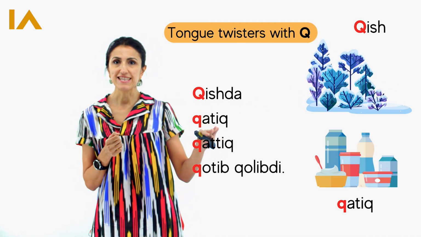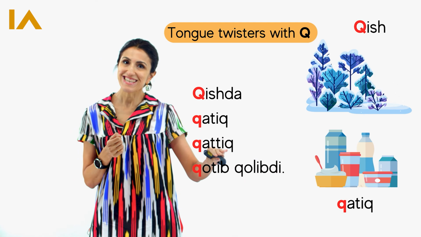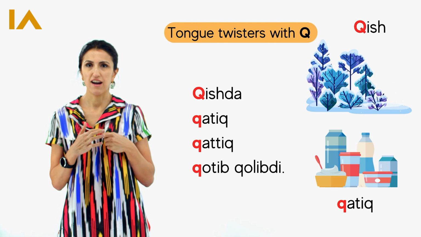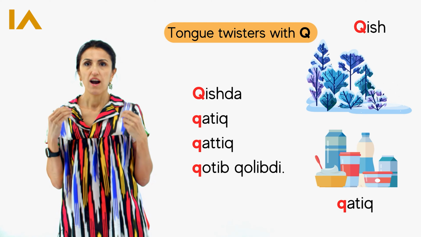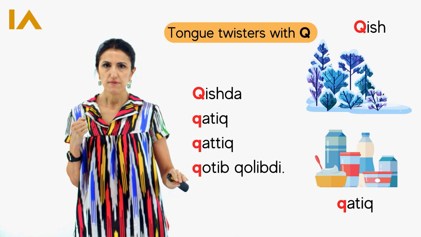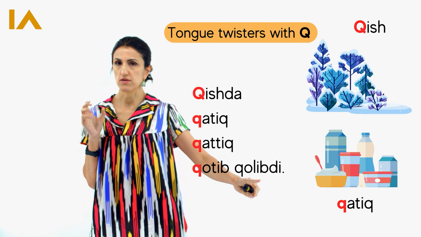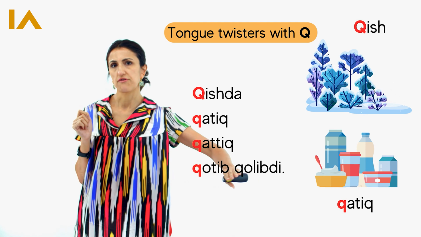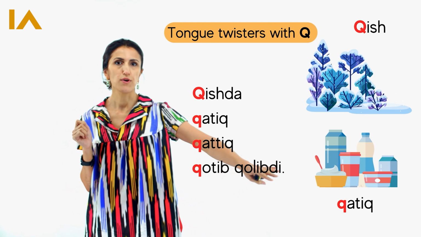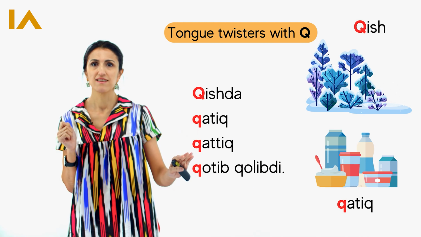Kış, katık is sour milk, Uzbek sour milk, with 1 T. Katık, double T, means hard, means like hard wood, or hard, like an ocean, something is hard. Qotib qolibdi. Qotib, again, the I is short. Qotib qolibdi. This I is also short. Qotib qolibdi. And again, I'm reading it as one phrase. Qotib qolibdi. Qishda qatiq, qattiq qotib qolibdi.